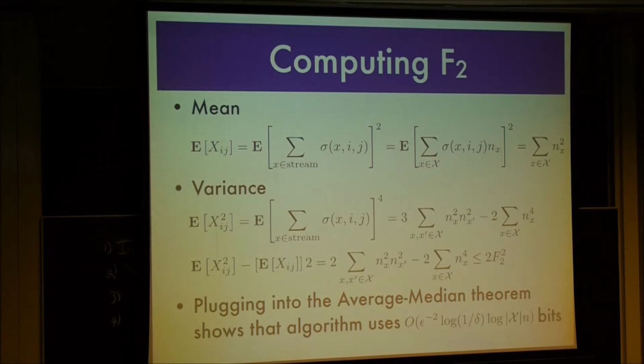Because what we can immediately see is for the squared quantity, the only terms that survive are where sigma of x, i, and j occurs twice in expectation over the hash functions. Because whenever cross terms occur, since we know that the expectations are 0, and since we assume the ideal hash functions, you can see that this actually vanishes.